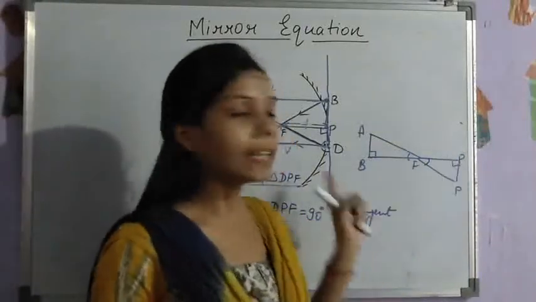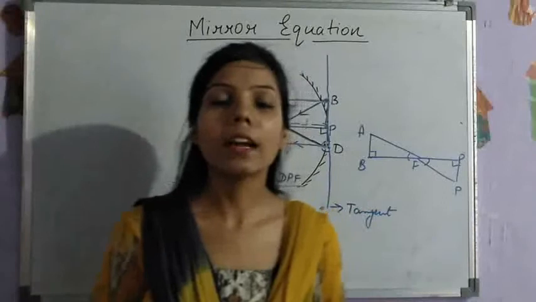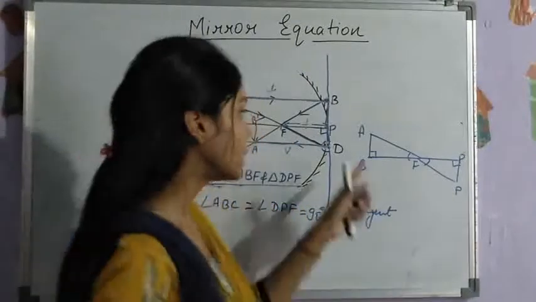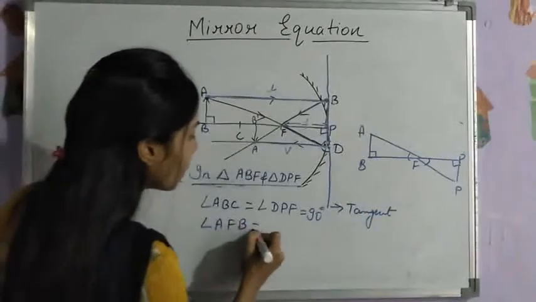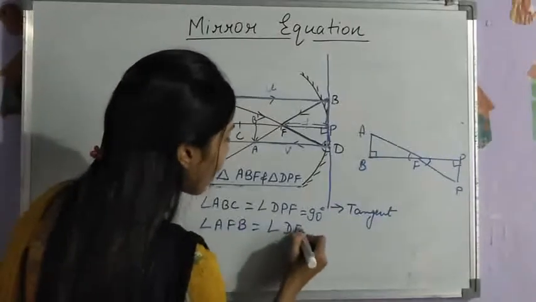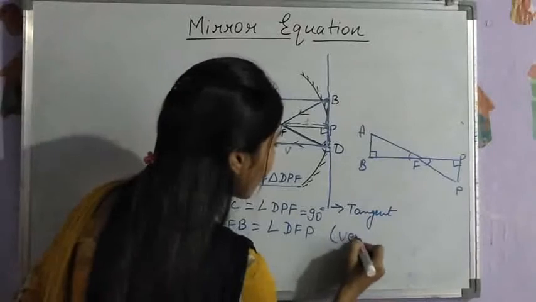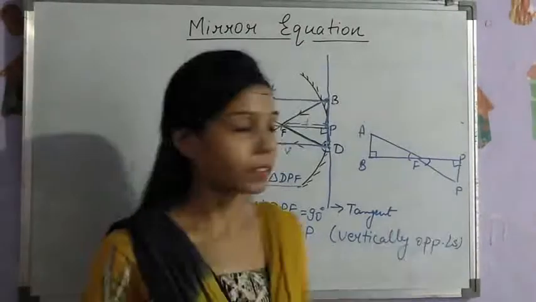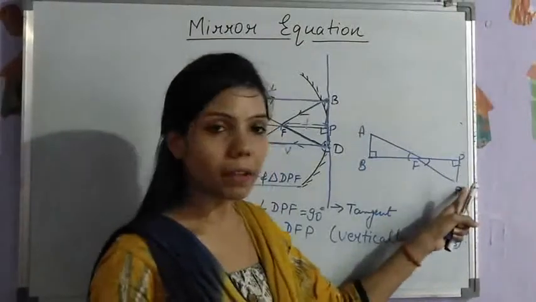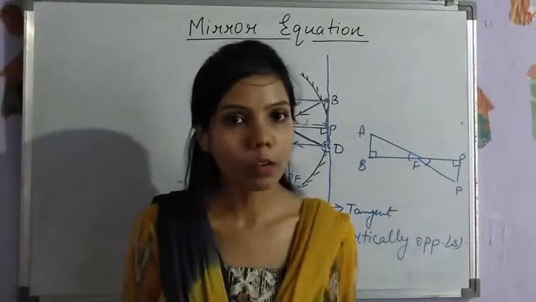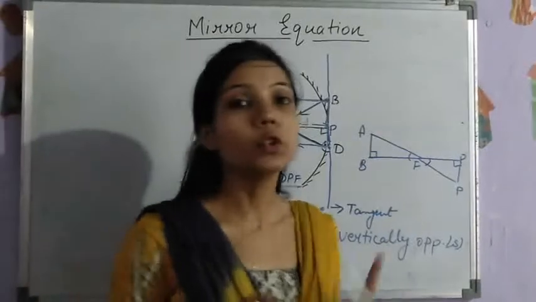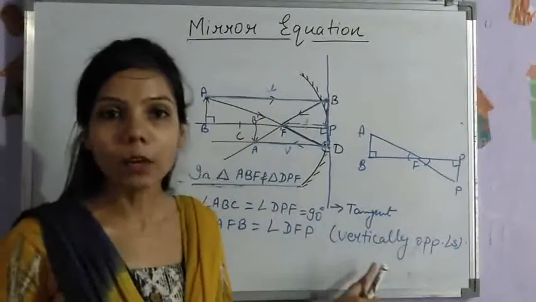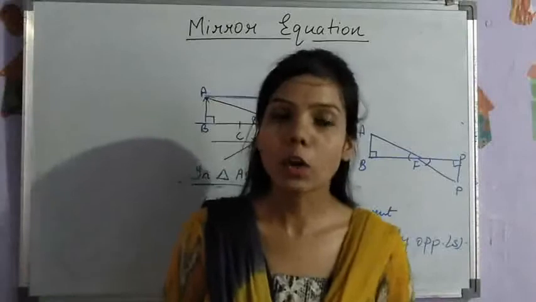Whenever 2 lines intersect each other, then their vertically opposite angles are equal. So angle AFB will be equal to angle DFP because they are vertically opposite angles. What about angle A and angle P? Are these 2 angles also equal to each other? With very basic logic, we know that when two sets of angles are equal, then the third set also has to be equal.